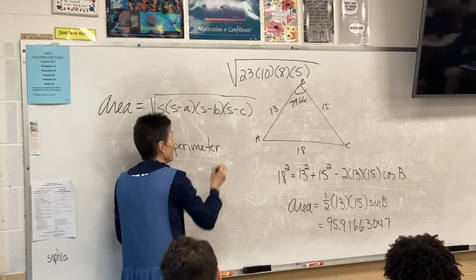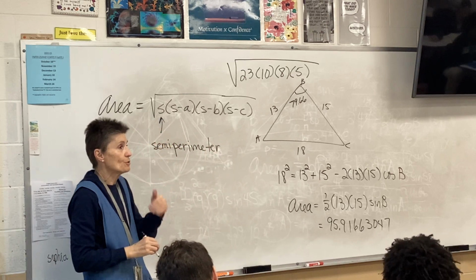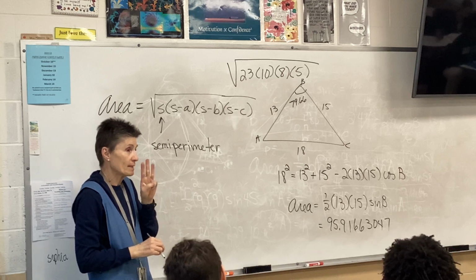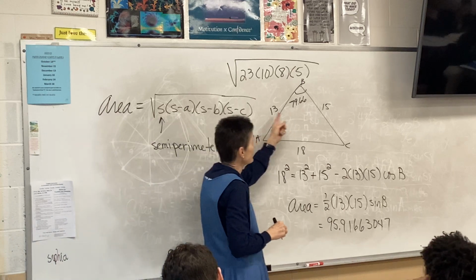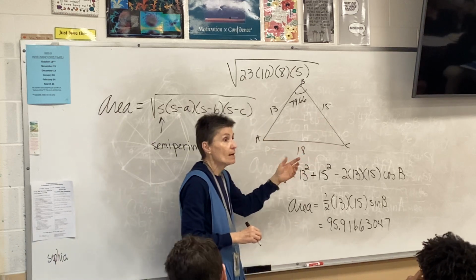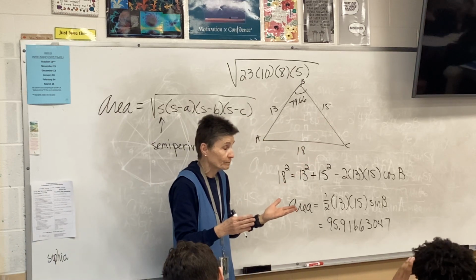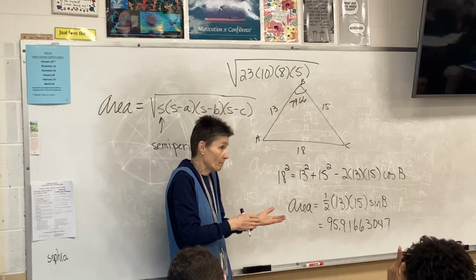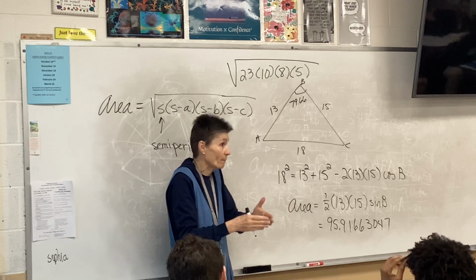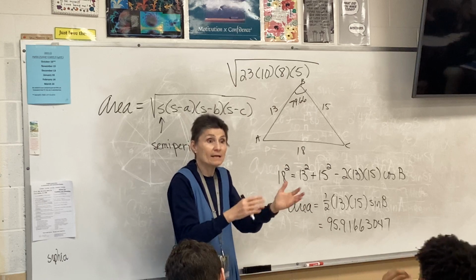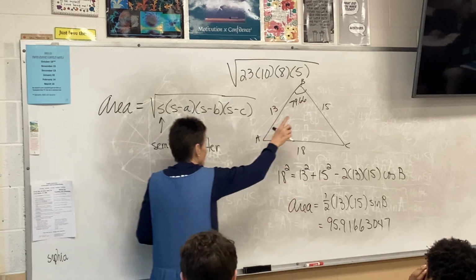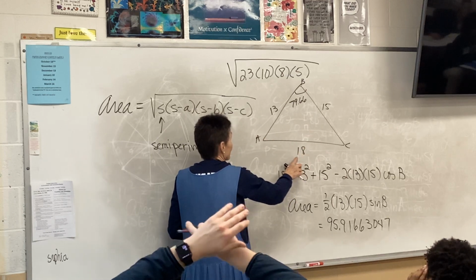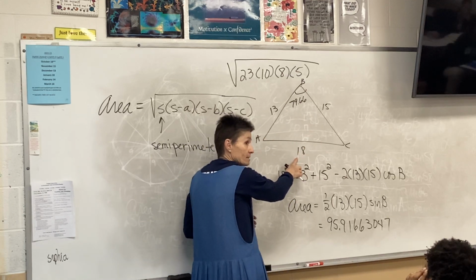Hero's formula is only used when you're given all 3 sides. Because if you know all 3 sides of the triangle, then obviously you know its perimeter. Semi-perimeter means half the perimeter, like a semicircle is half the circle. So, what's the perimeter of my triangle? 46.